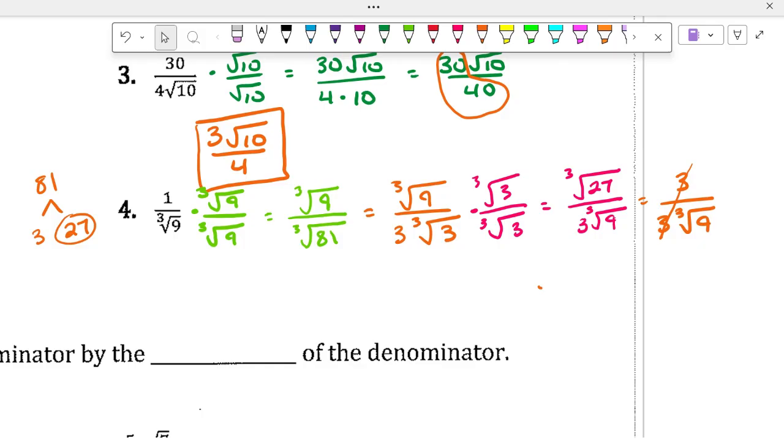So, just like the square root of 3 times the square root of 3 is 3, the cube root of 3 times the cube root of 3 times the cube root of 3 is 3. Because this is the same as the square root of 3 all squared. This is the same as the cube root of 3 all cubed.